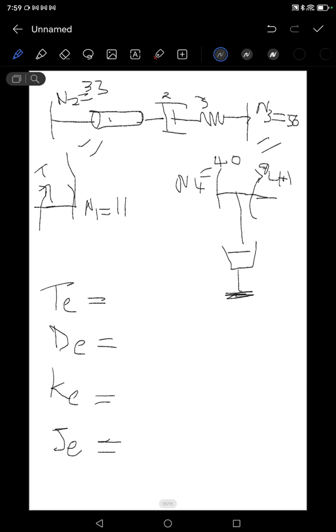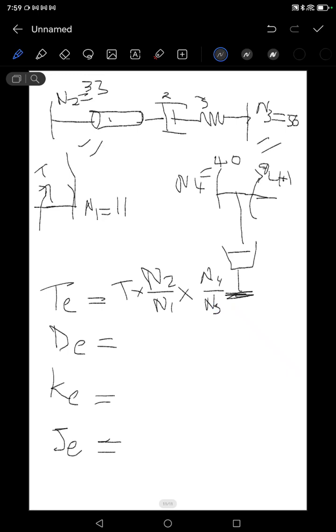So when it comes to T, we're going to have T from N2 to N1, and from N3 to N4. So we're gonna multiply it. Remember, it's from 2 to 1, and we're gonna write it in ratio form. So it's gonna be N2 over N1 multiplied by N4 over N3.